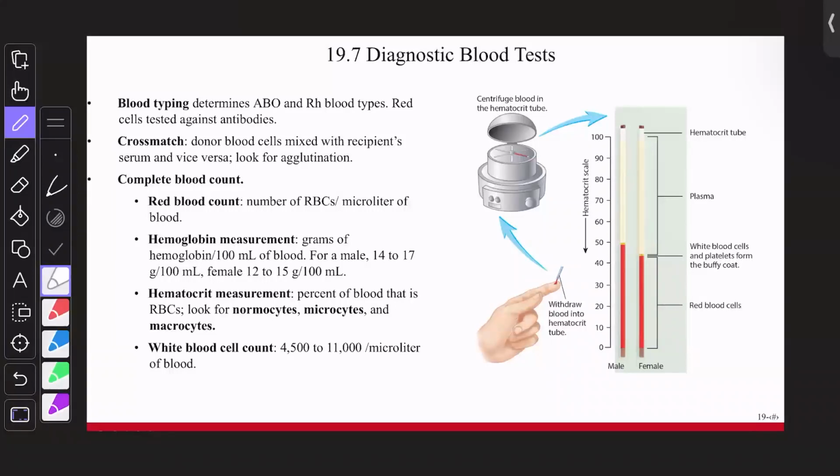So when you are getting transfused, they do a blood type, and then they take your blood and whatever blood they're planning on transfusing, and they mix them to make sure that there's not some kind of a reaction. It's not just, oh, this person's B negative, so we can give her any B negative blood in the bank.